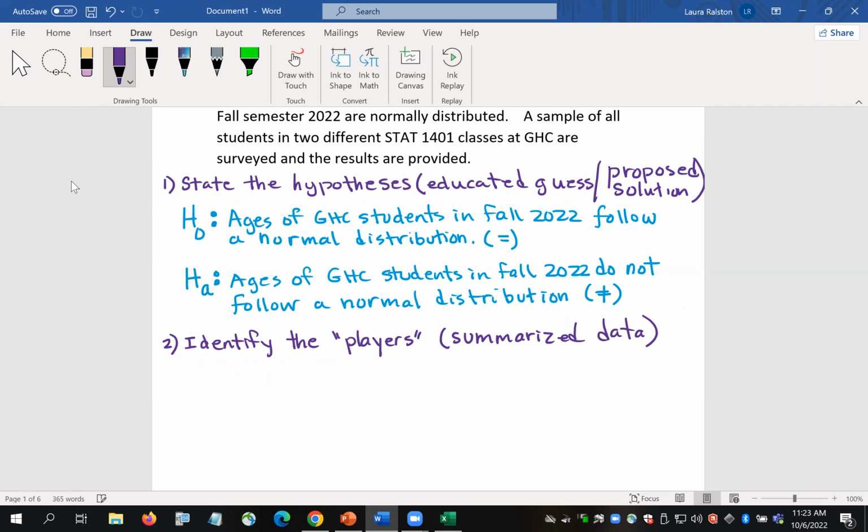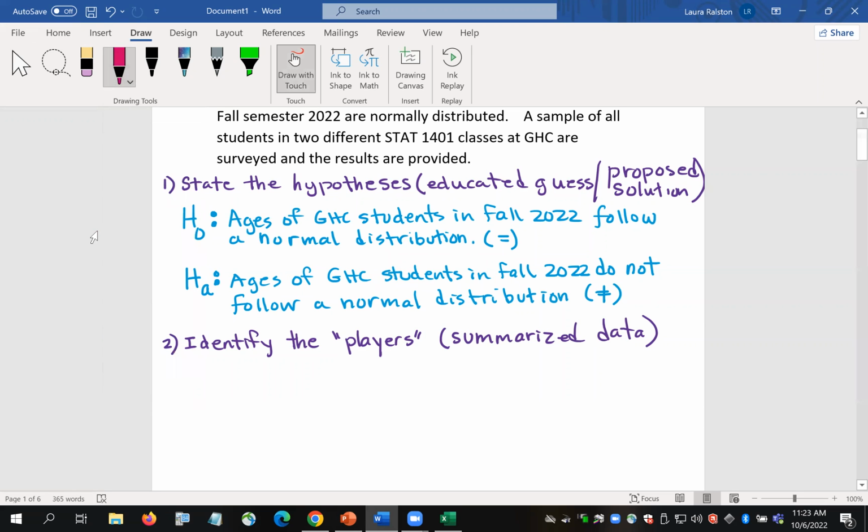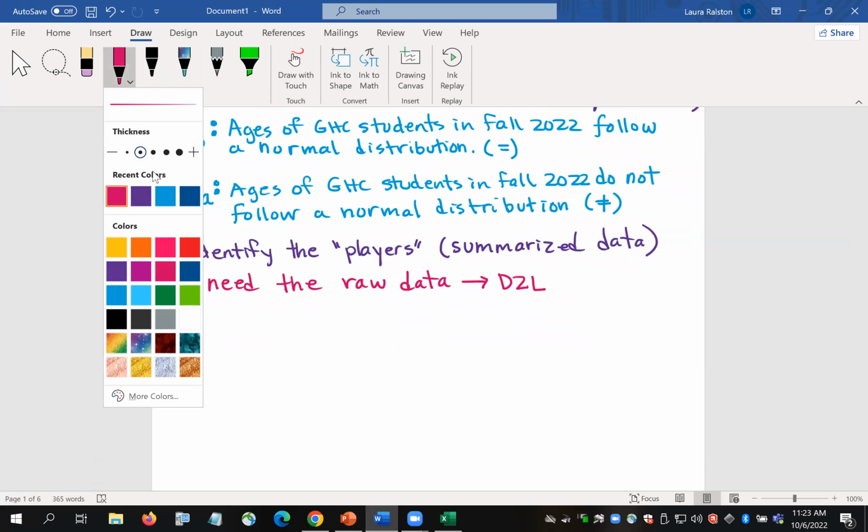Now, in this case, for calculating the test of normality, you need the raw data. And I provided the raw data in D2L. If you were doing this question on the quiz, they're going to give you the data. You'll have to enter the data, or they may give you a data set to upload into Minitab, but you need the raw data.